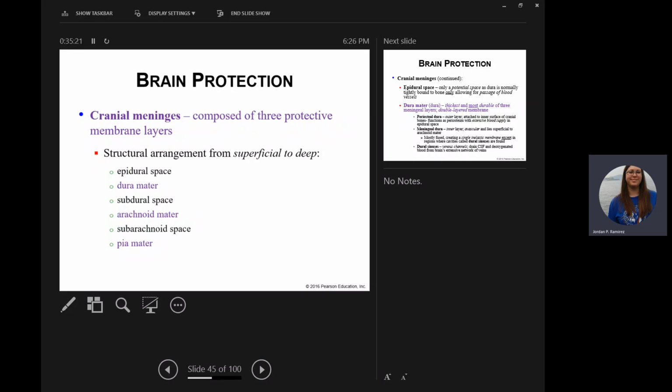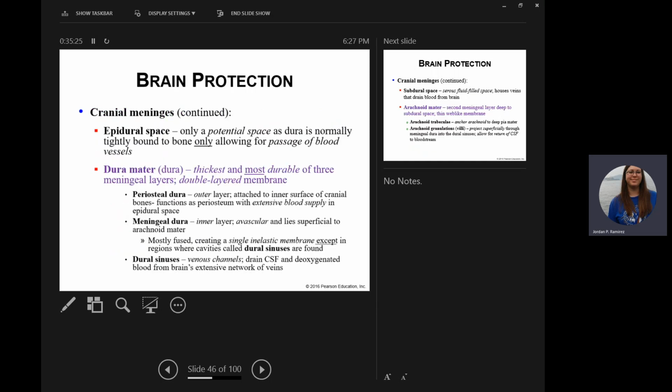Again, those are going from outside inwards. All right, so the epidural space is only really a space for blood vessels. It's a potential space, as the dura is normally tightly bound to bone, only allowing for the passage of blood vessels.